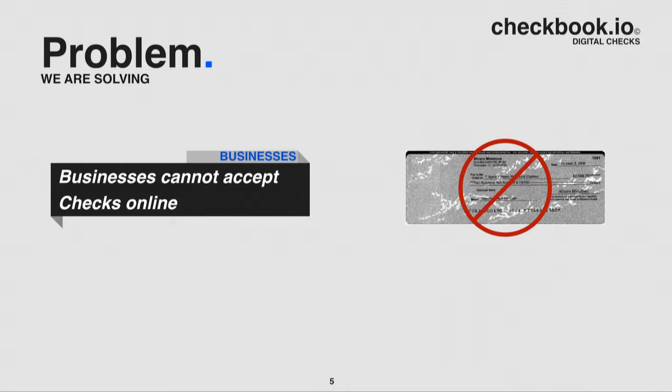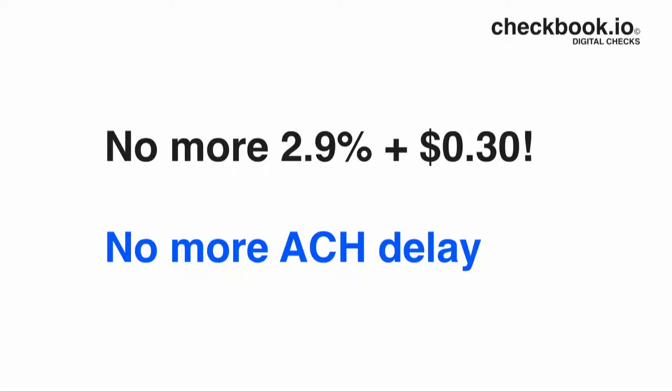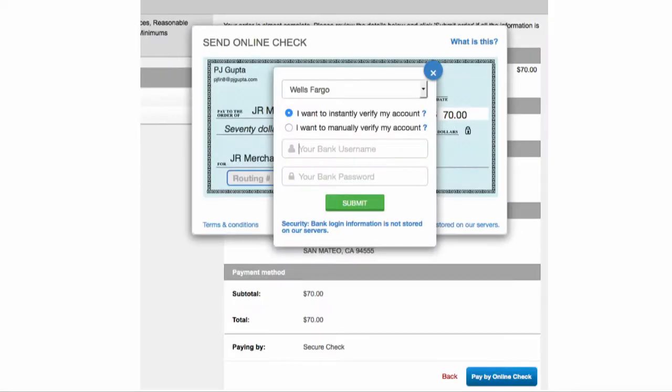Businesses are facing the problem of not being able to accept any payment system that either doesn't cost them 2.9% credit card rates, or doesn't have the delays associated with ACH or e-checks. There's really nothing there that solves both sides of the equation. And that is what our API does.